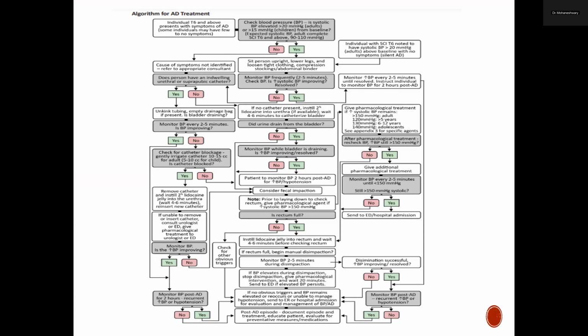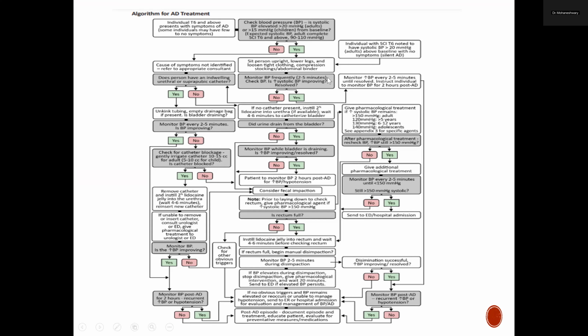Okay, this is a very busy slide, but this is the basic algorithm for AD treatment. You can see patients with T6 injury present with AD, they've got some symptoms, and then you have the checklist. Let's see if they come in with an abdominal binder, as many of them have that, or they wear tight stockings.